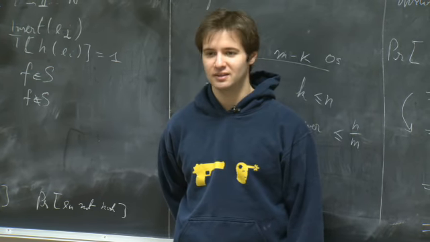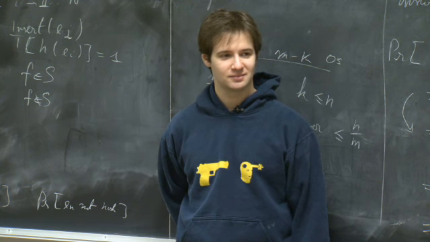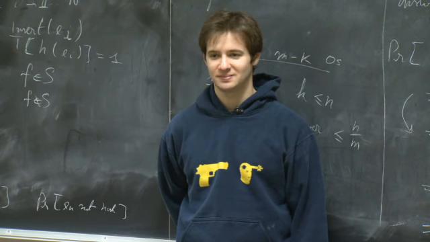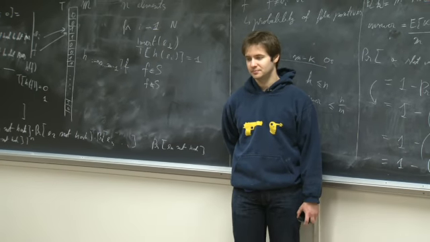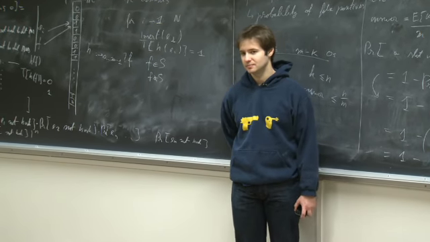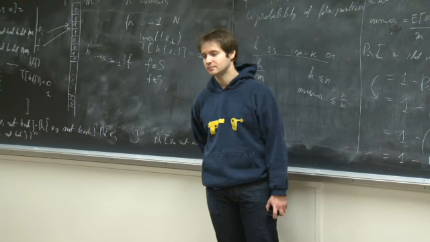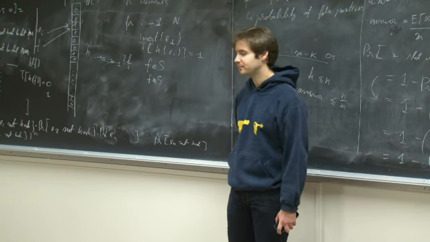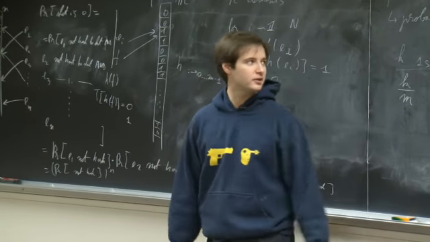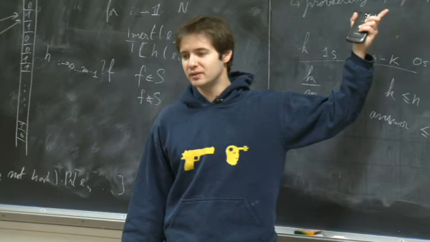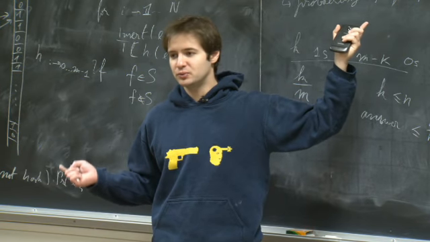Okay, so are we getting this? Somewhat? Yes. So the probability of a false positive, you're saying that's the probability that you get a 1 when it actually should be a 0. It's because multiple things map to that one slot, right? So the probability of a false positive is the probability that, given a new element, when we hash it, we get the 1.